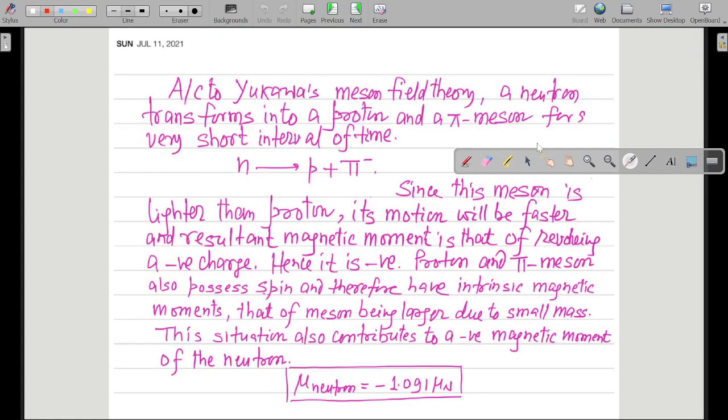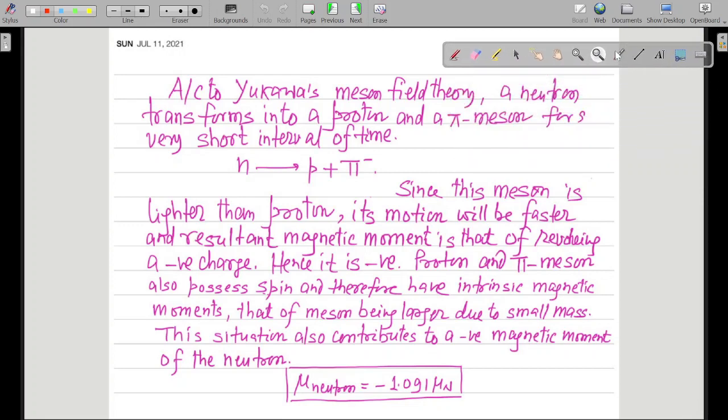According to YUKAWA'S MESON field theory, now let us understand what this theory is, and let us understand the magnetic moment of neutron with it.